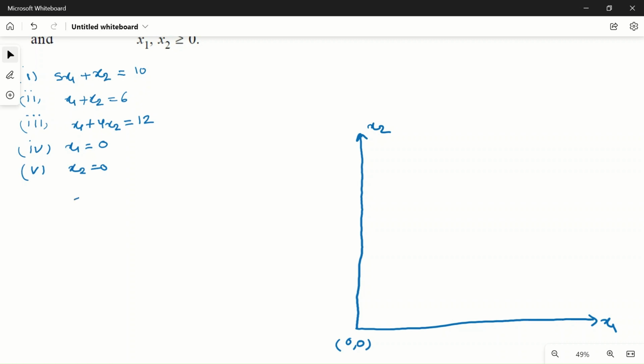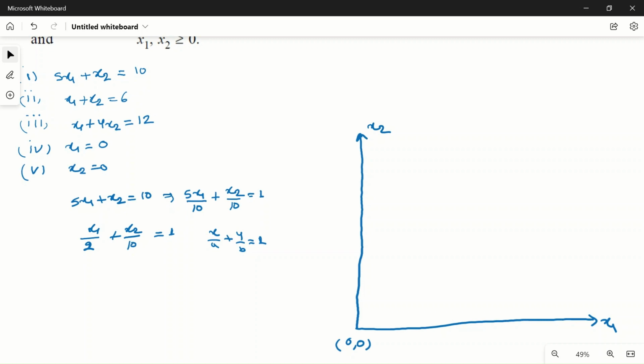We can write it as 5x1 by 10 plus x2 by 10 is equal to 1, or x1 by 2 plus x2 by 10 is equal to 1. You can compare it with x by a plus y by b is equal to 1. So a is the intercept on the x1 axis, and b is the intercept on the x2 axis.